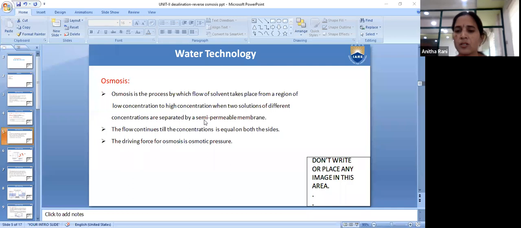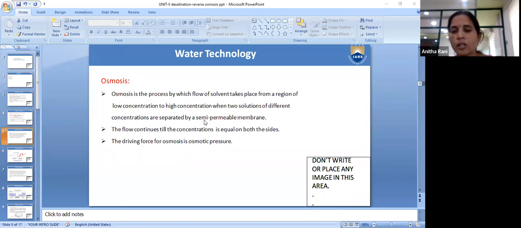This happens when two solutions of different concentration are separated by a semi-permeable membrane. This semi-permeable membrane allows only solvent molecules, not solute molecules.